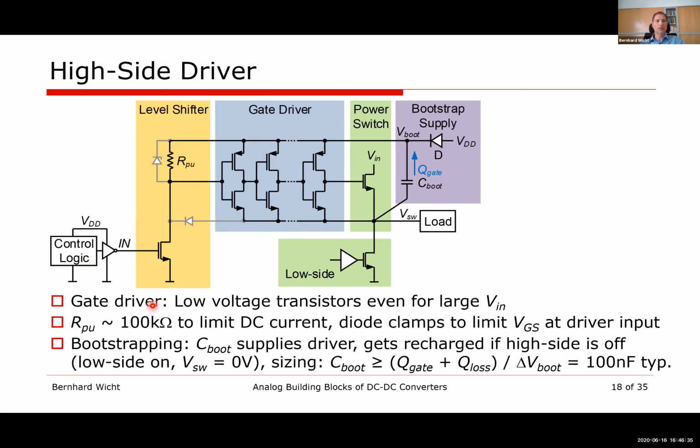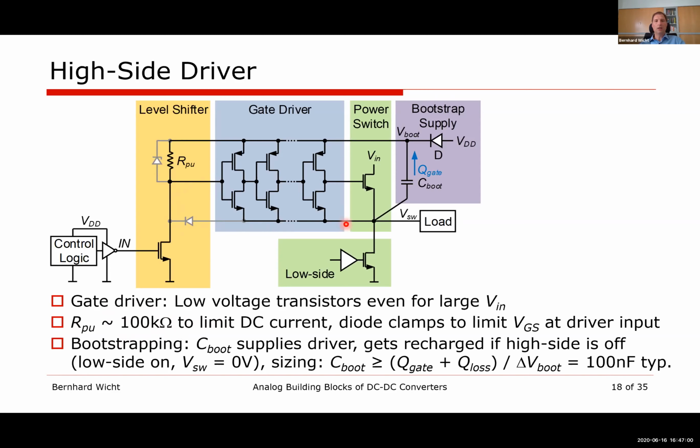Of course, the pull-up resistance shouldn't be too large or too small, to avoid static DC currents. So 100K ohms is a good trade-off. Then we also need to protect our input level at the gate driver by using clamping diodes, either this one or this one. That works quite well.